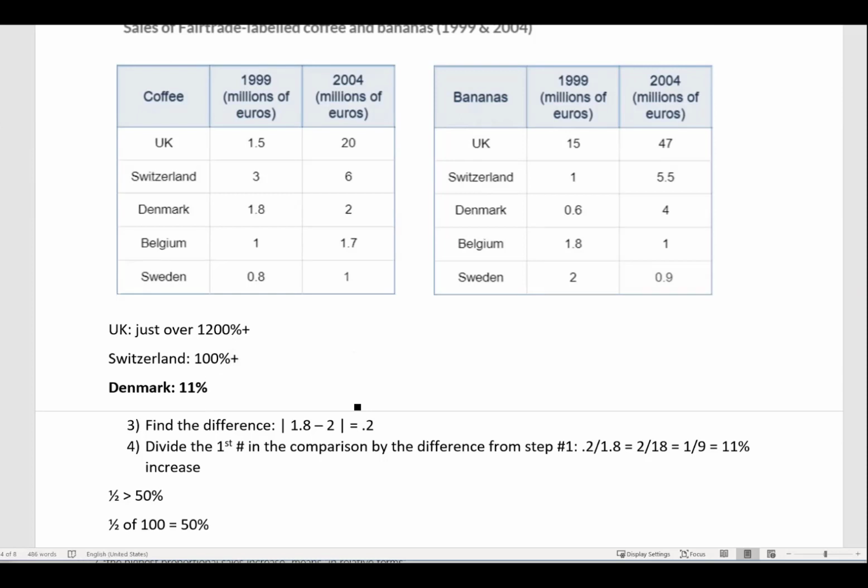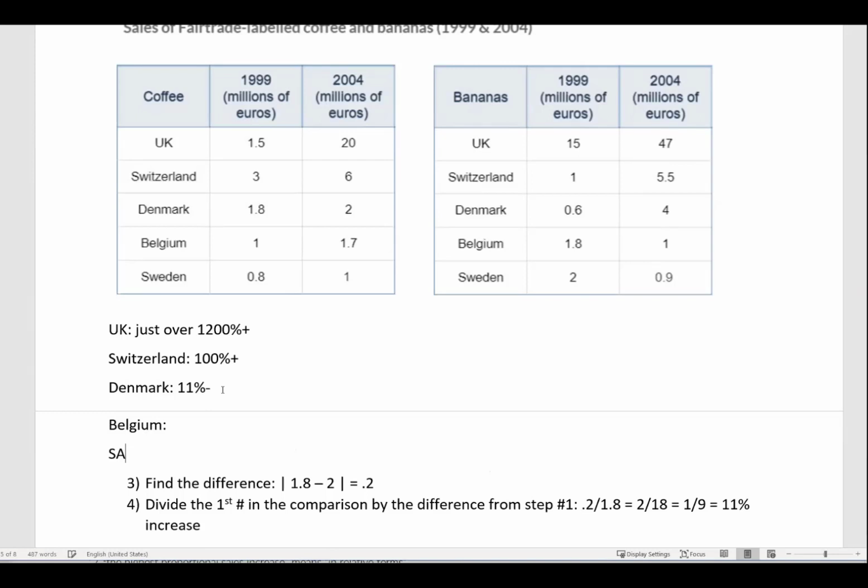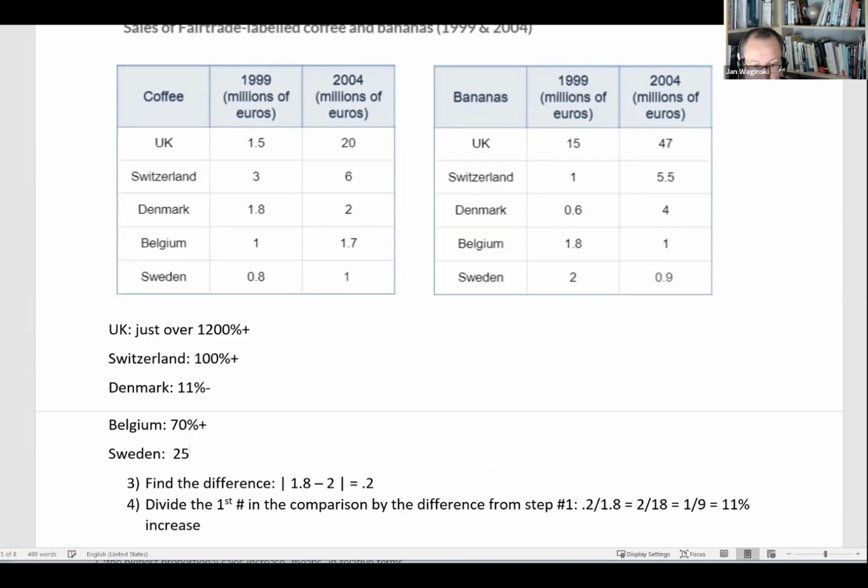Then we had Belgium, and then we had Sweden. So Belgium was 70% increase, and Sweden was a 25% increase.